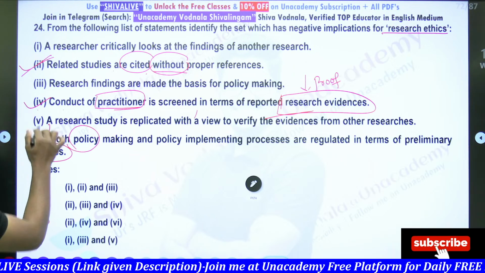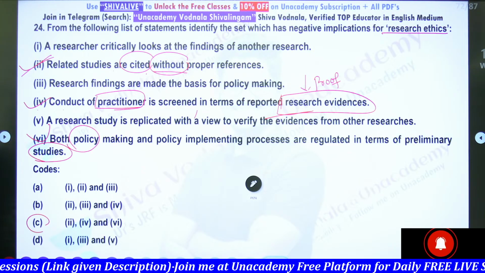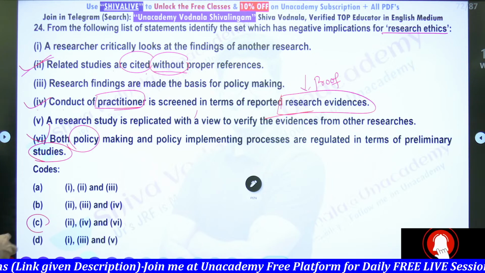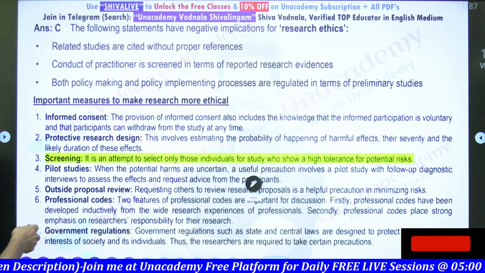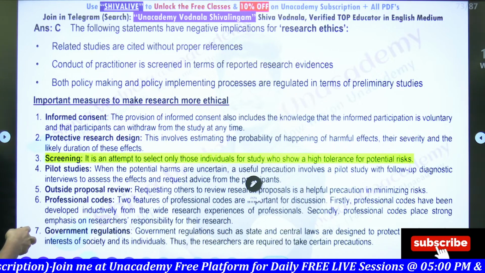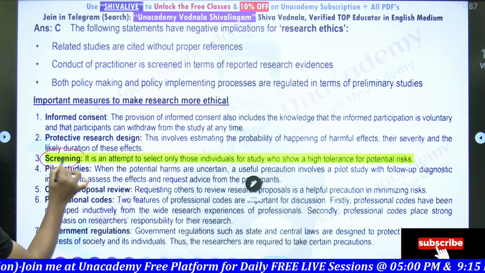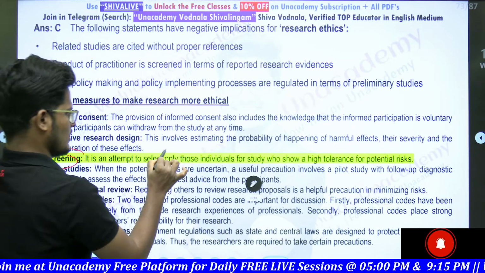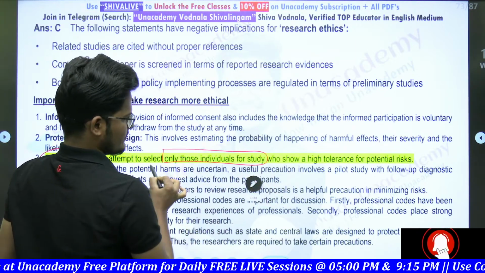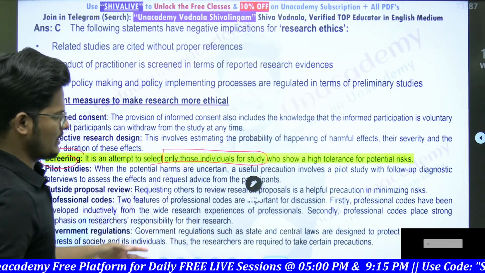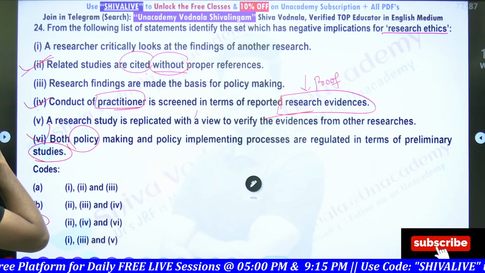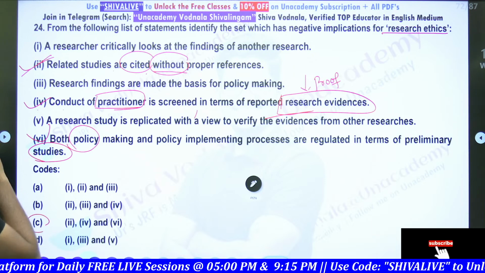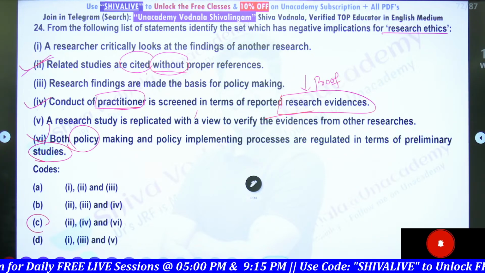I think your doubt is about this only. Screening is an attempt to select only those individuals for the study which are required. Okay, now I got your doubt.